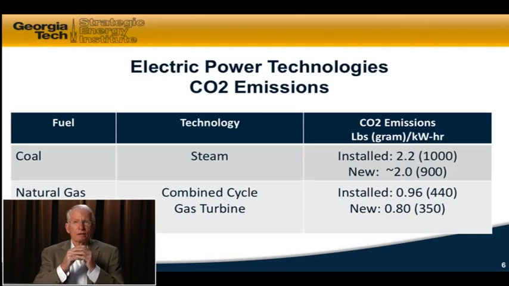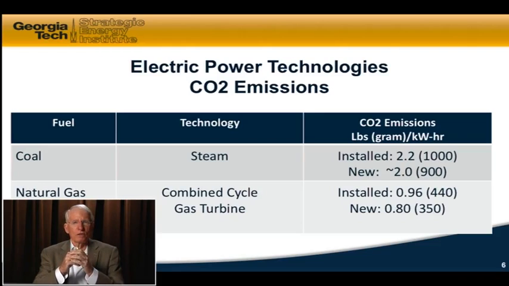If it's new technology, it's not much difference, 10% or so better, at 2 pounds per kilowatt hour or 900 grams per kilowatt hour. Not much difference there between installed and new for the steam cycle. The steam cycle has been around for over 100 years, 150 years really, and the original steam engines that were used on the boats to power boats was one of the first broad application of the old steam engine.